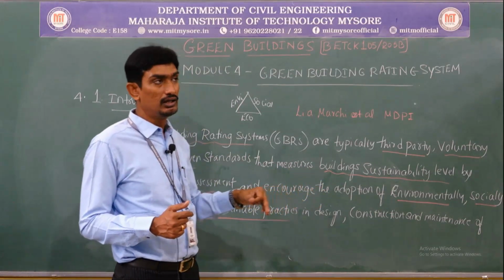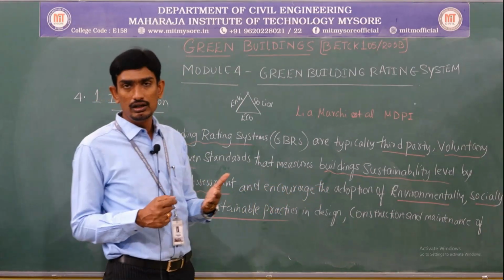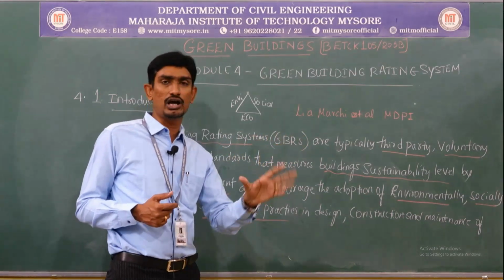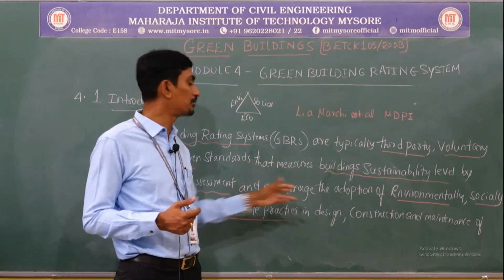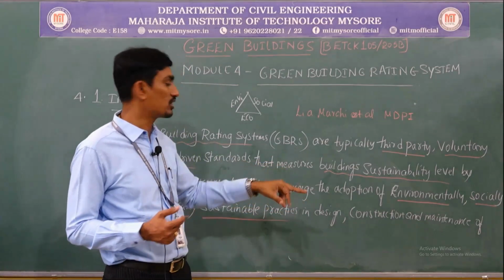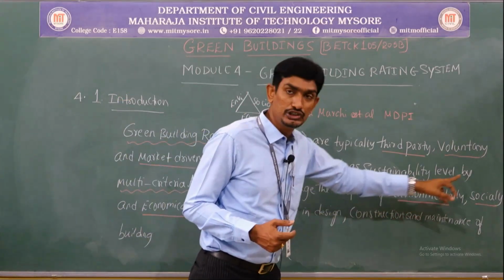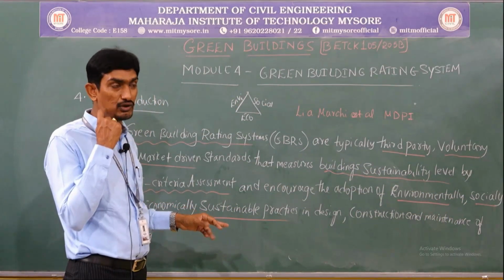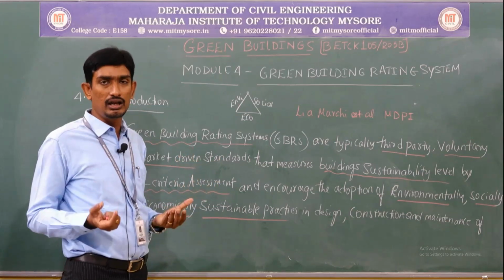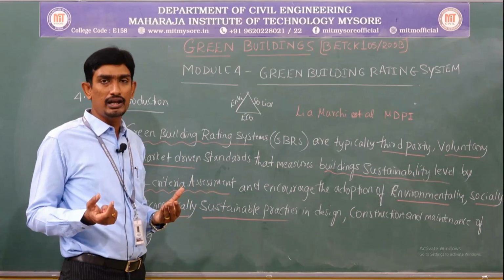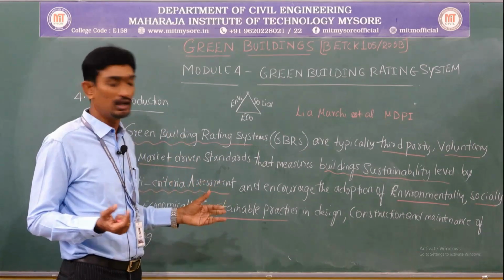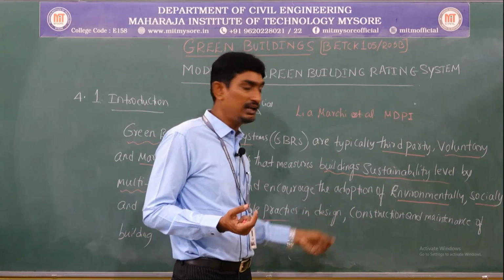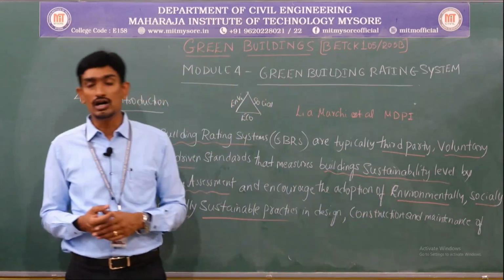See, assessment is not only just judging, we can also give some ideas to the people. We can do like this, you can do like this. That is what is called adoption. Encouraging the adoption of environmentally, socially and economically sustainable practices. Economically, if you adopt these techniques, automatically your operation and maintenance cost will also come down. That is what economically means, in the design, construction and maintenance of buildings.